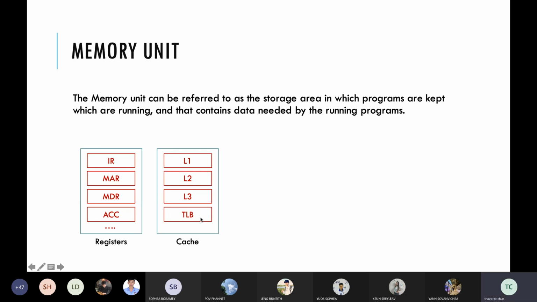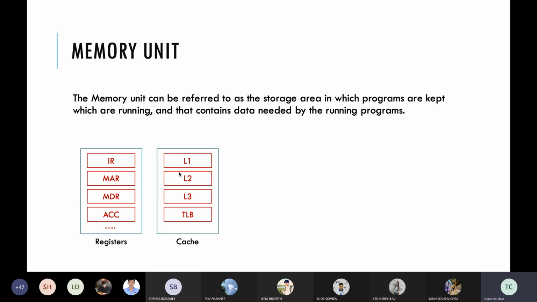Anyway, TLB is also a cache. It is just a cache, but it is located like L1 is located on the CPU, inside the CPU. L2 is maybe inside or maybe on the motherboard, but close to the CPU, and L3 normally is located on the motherboard.